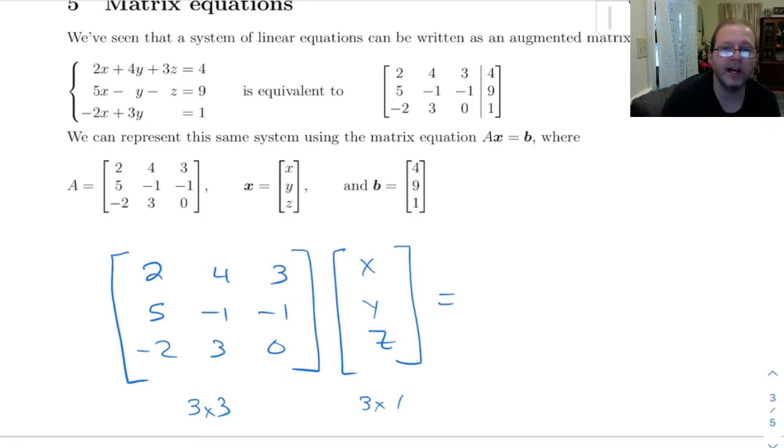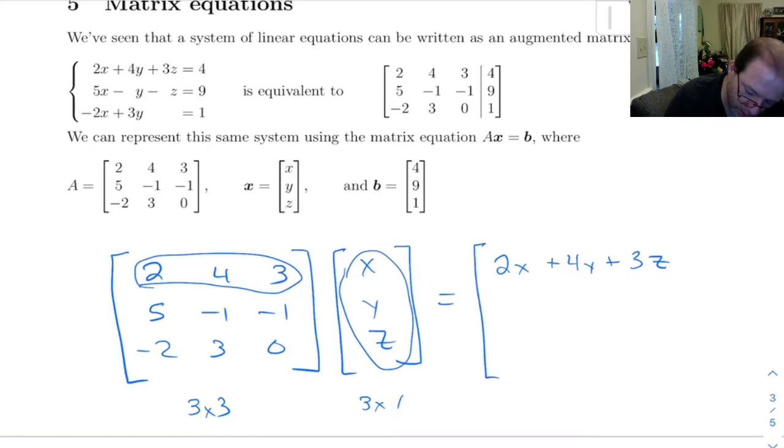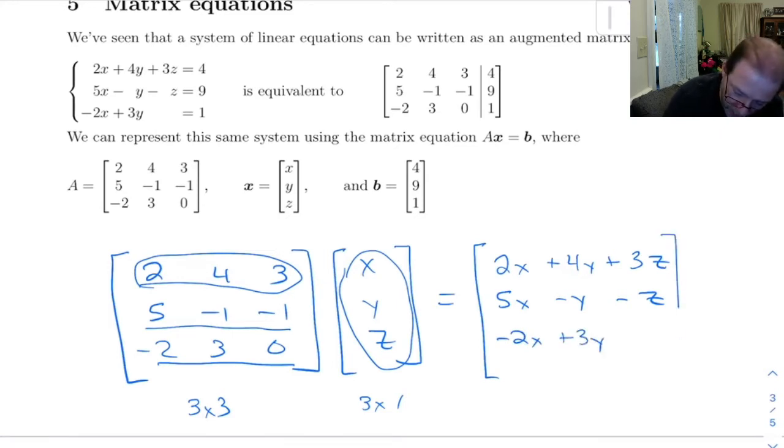If you multiply this out, the top row times this column gives you 2x plus 4y plus 3z. The next row gives you 5x minus y minus z. And the last row gives you minus 2x plus 3y plus 0z.